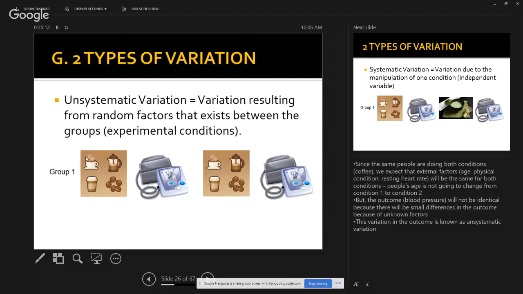You're 1 day older. Doesn't change anything. Because it's a short interval between collection times, even if this was a week, physical conditions are not going to really change between collection times. It's going to be pretty much the same. So people's age isn't going to change from one to the other.